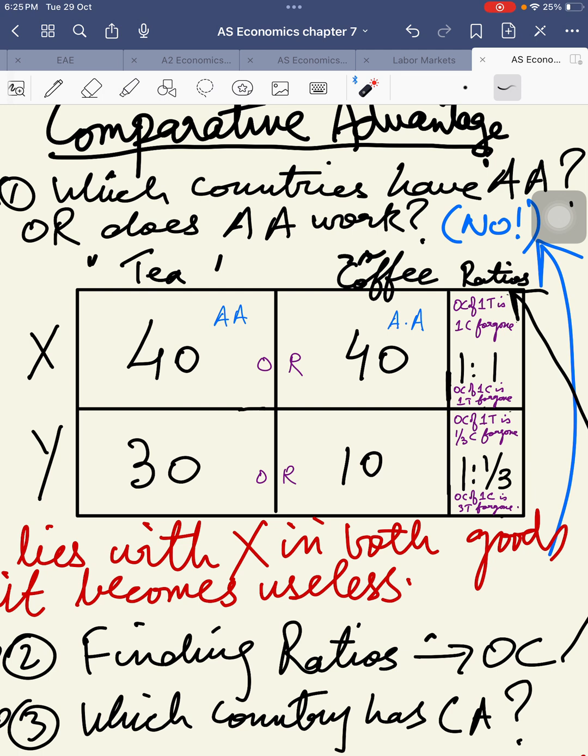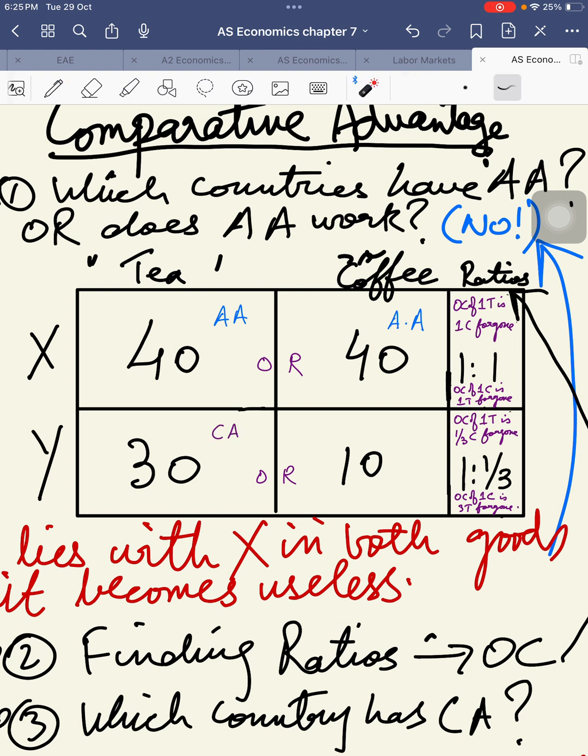And since we've determined that a country will have a comparative advantage in a good in which its opportunity cost is less, that means country Y has a comparative advantage in the production of tea. Let's write this down.